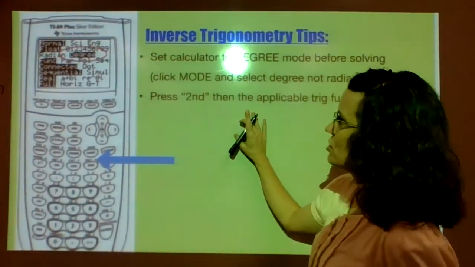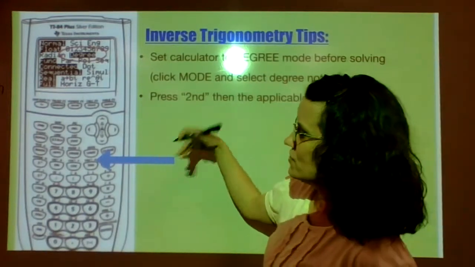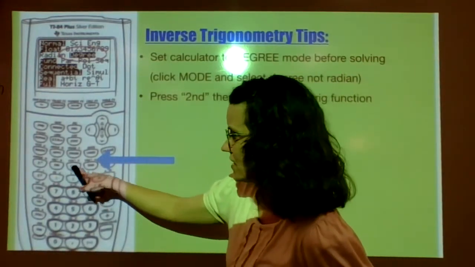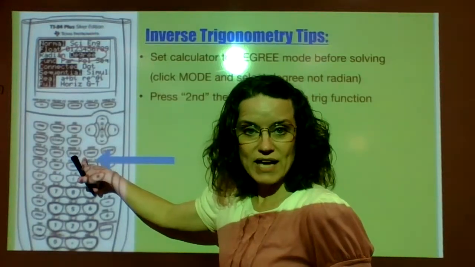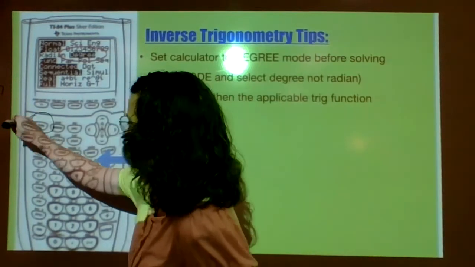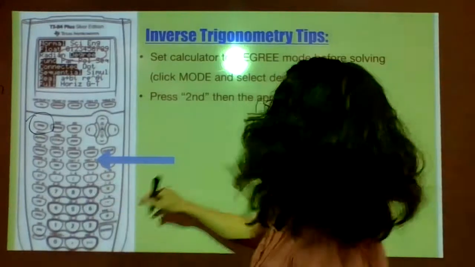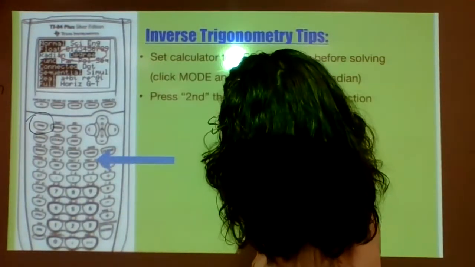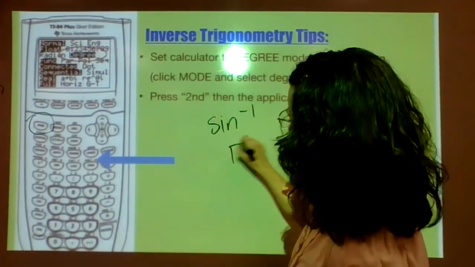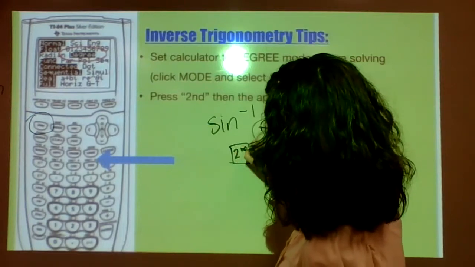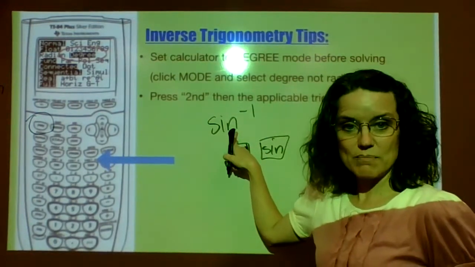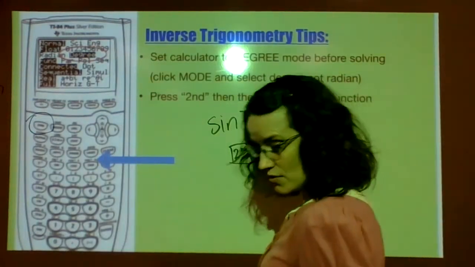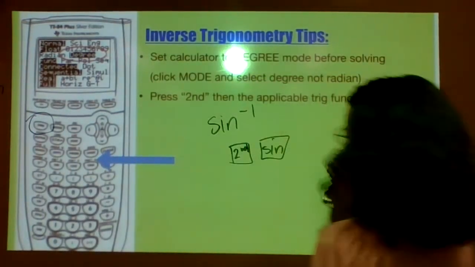Anytime you want the inverse of sine, cosine, or tangent, it's the little symbol just above them on your calculator. You press the second button and then sine to make inverse sine show up on your screen. Same with cosine, same with tangent.